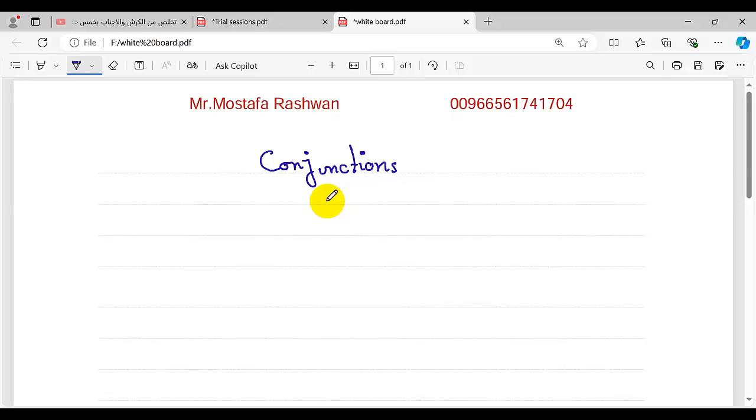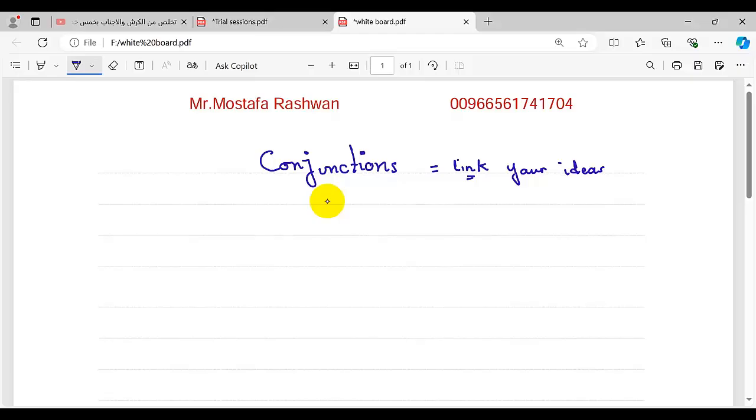The first lesson here is conjunctions. Let's see what we mean by conjunctions. Easily, conjunctions means to link your ideas. When you start your writing, either a paragraph, an article, a letter, or an essay, or whatever the genre is, you will need to connect or link your ideas.